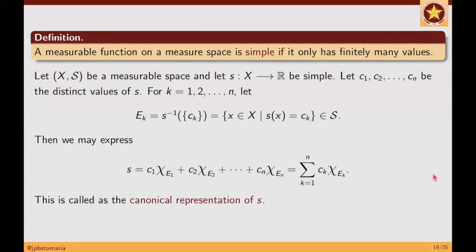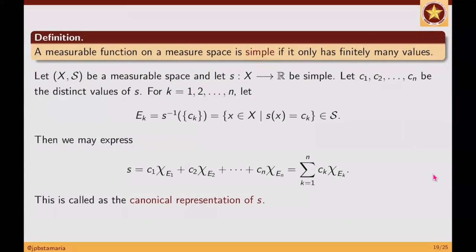Hinga muna tayo. So the next types of functions which will be helpful for us, especially next meeting, yung definition ng Lebesgue integral, are those functions which are called simple functions.